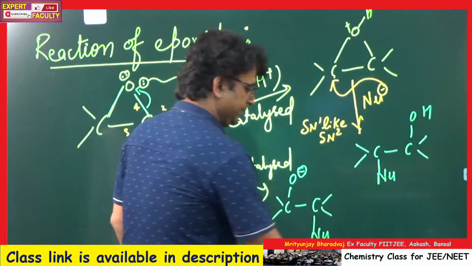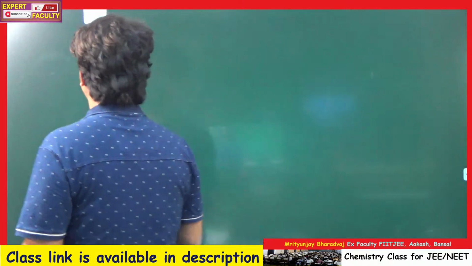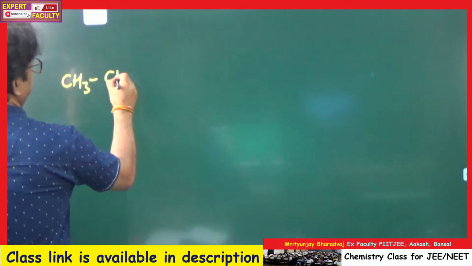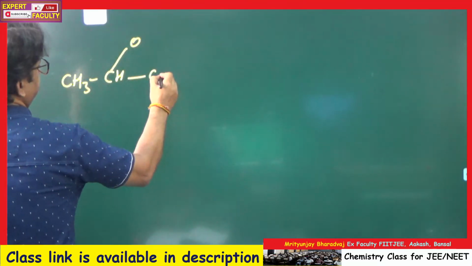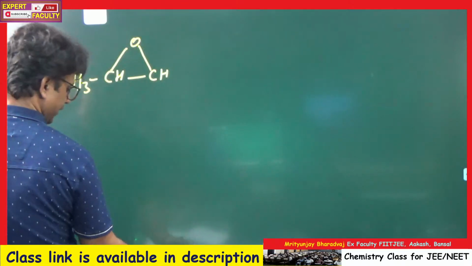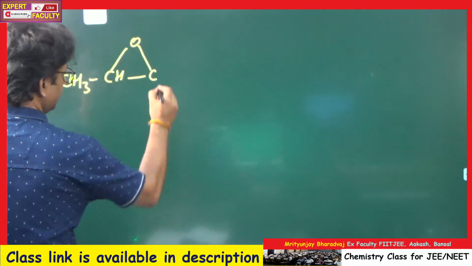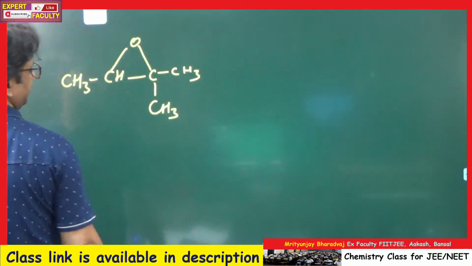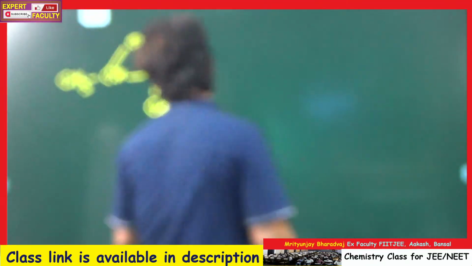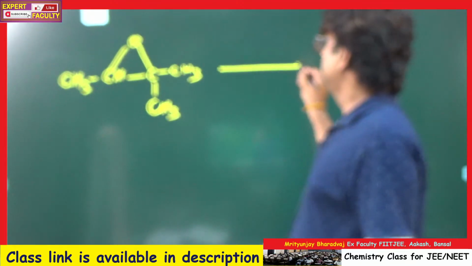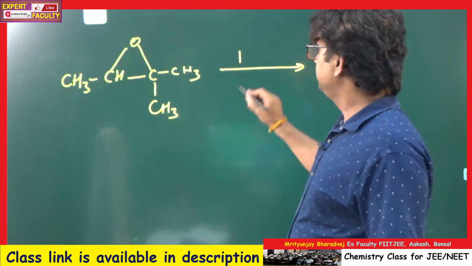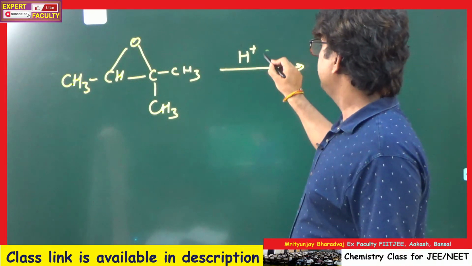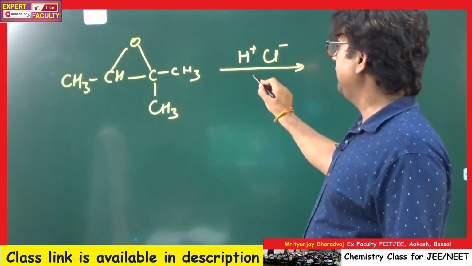Okay, and in the example you can see better. Like this is the epoxide I am taking, and for the sake of structure, like this, this is an epoxide. Now we have acid catalyzed. Suppose we have H plus and Cl minus, in aqueous medium.